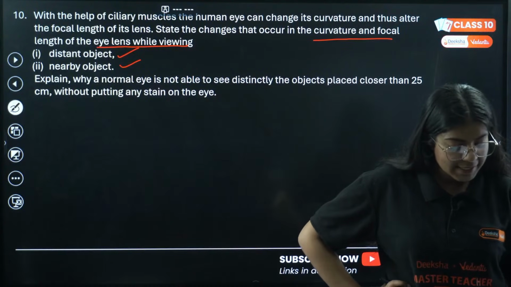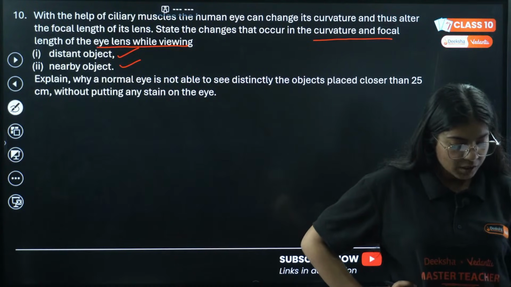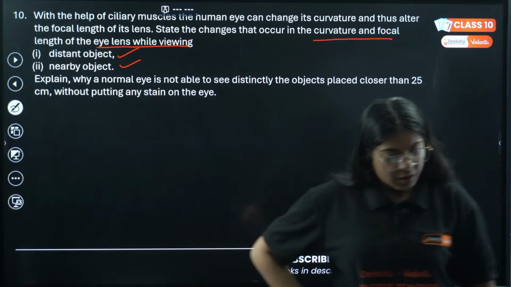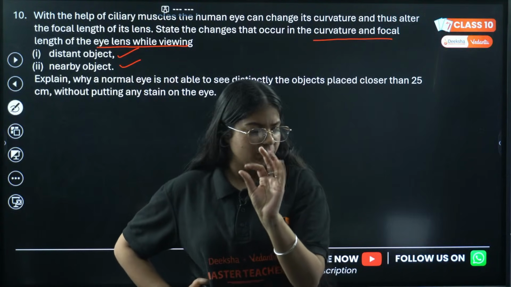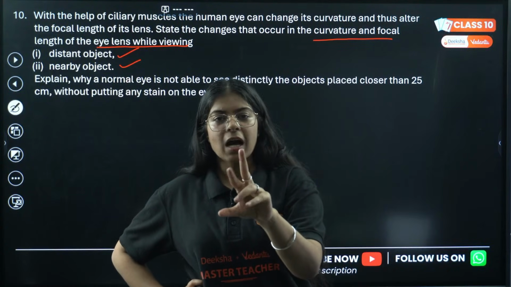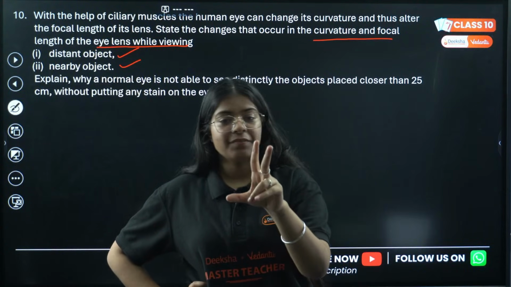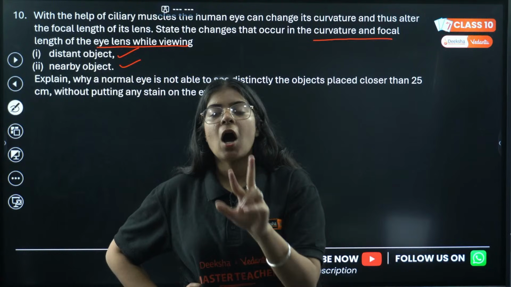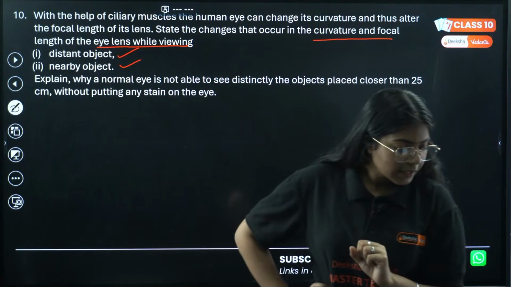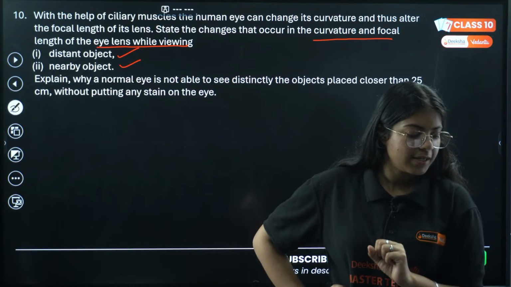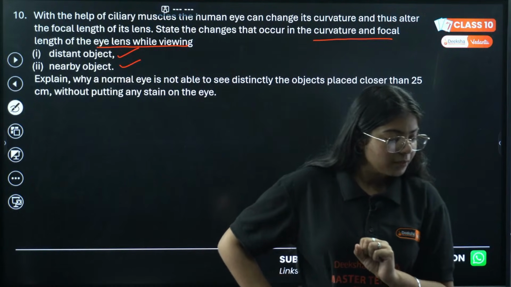Thin, decreases. Both your answers, thin and decrease, are counter to each other. If the lens is thin, how will its focal length decrease? The focal length increases for distant objects, Aryan is saying.